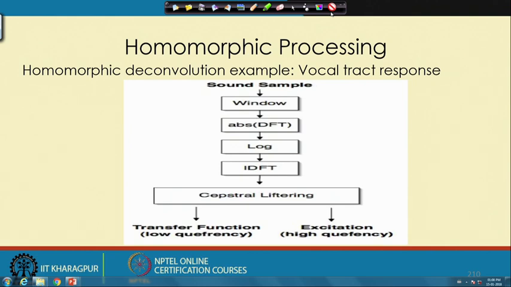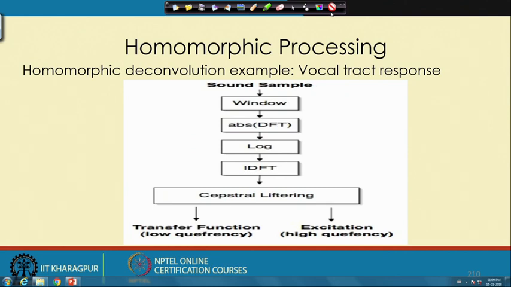So, if we take a small window, within that there is no change. We select such a window of time and limit the signal within the window, so that the assumption of stationarity is maintained. So, the first job is to limit the signal within the window.